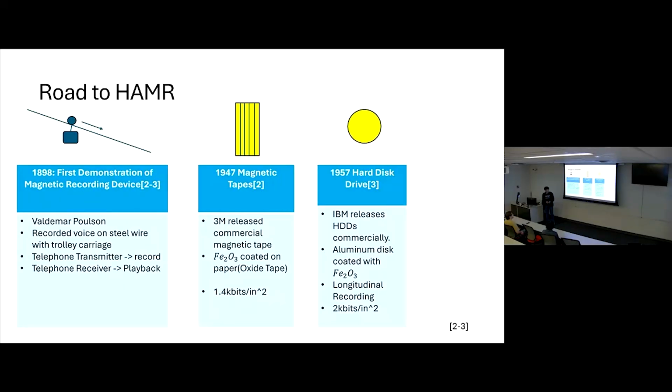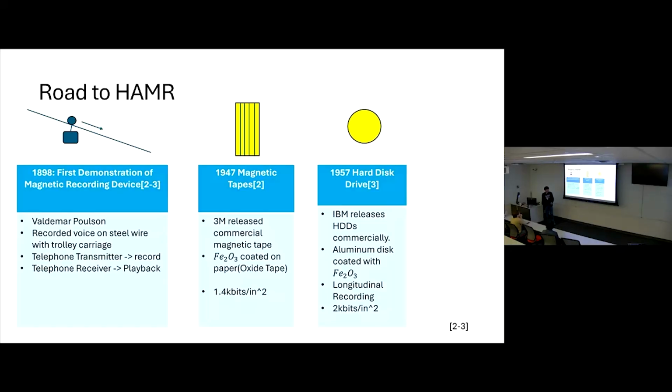So looking back in history, the first demonstration of magnetic recording was by a Danish scientist in 1898. He had this idea of taking a steel wire and attaching a trolley to it. He would use a telephone transmitter and receiver to record his words and also play back his words by sliding it down the steel wire.